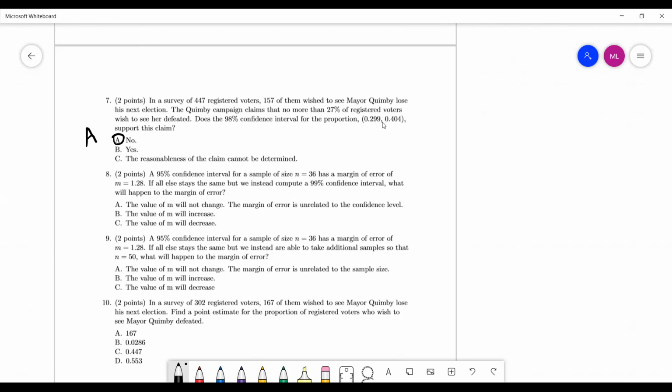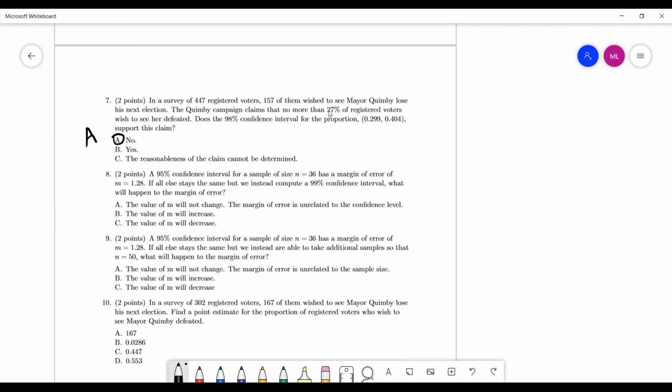These are those same percentages just written as proportions. So basically, we're 98% sure that the proportion of people that wish to see her defeated is between about 0.3 and 0.4-ish. In this case, both those numbers, that whole range is above 27%.